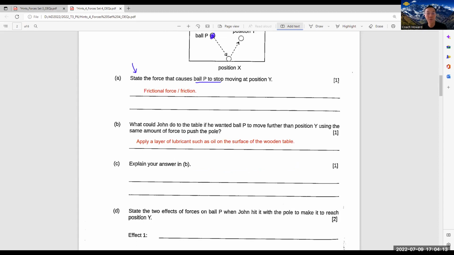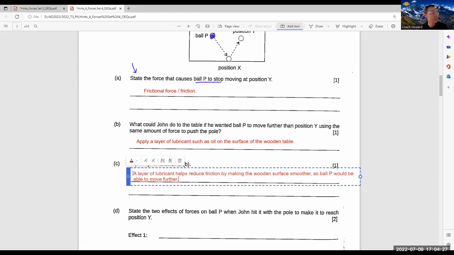You say the layer of lubricant helps to reduce friction between the ball and the wooden surface.